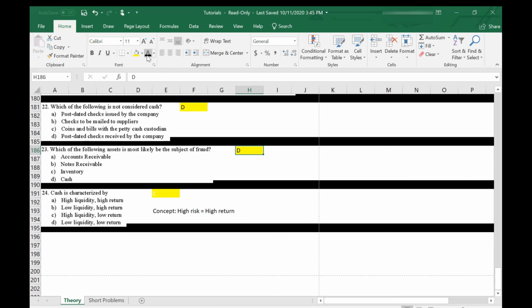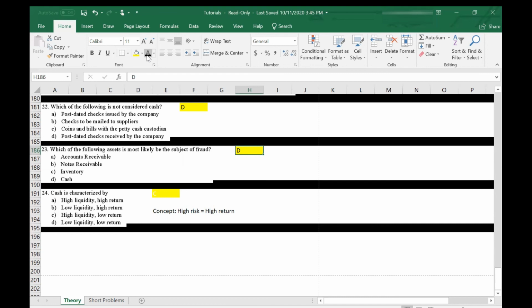Since it is highly liquid, the concept here is low risk, low return. When it's highly liquid, it's low risk. Why? Because in case you need money, in case there's an unexpected disbursement or outflow that you need to pay, you can use cash right away, and therefore it's low risk.